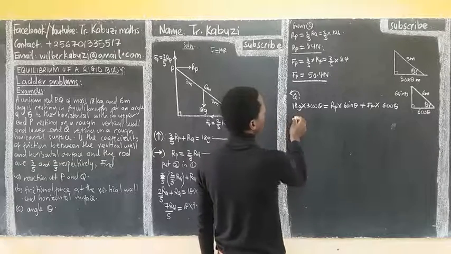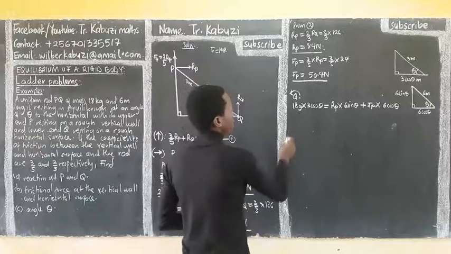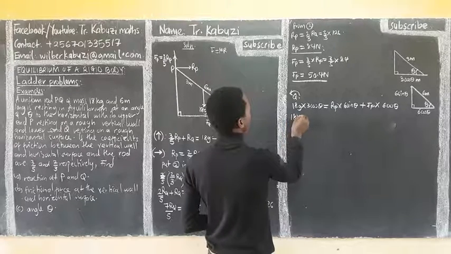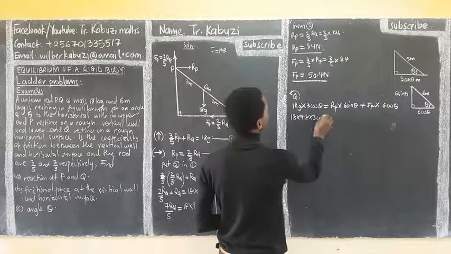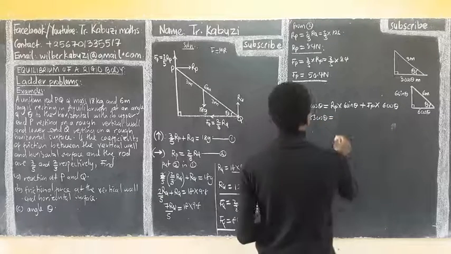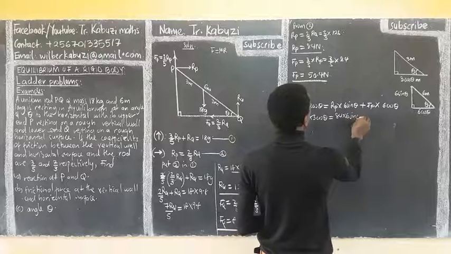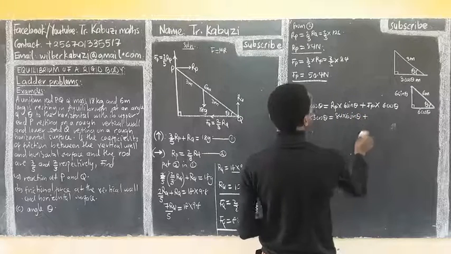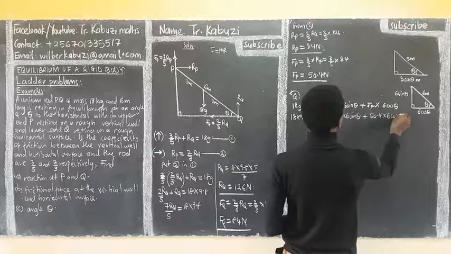So this is going to be 18 times 9.8 times 3 cos theta, equaling RP is 84 times 6 sin theta plus FP is 50.4 times 6 cos theta.